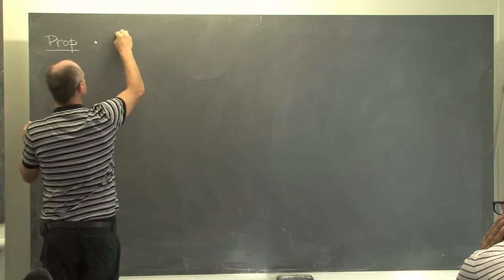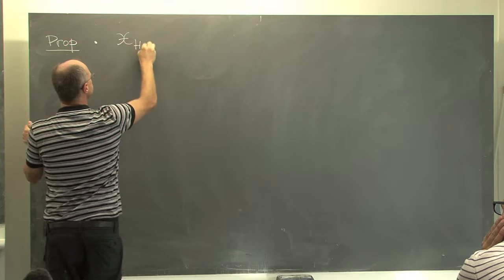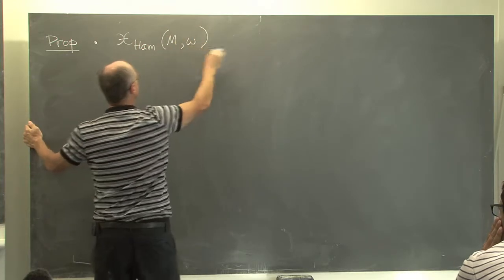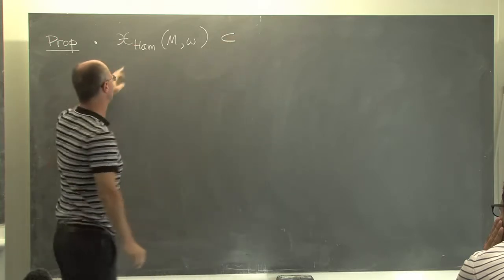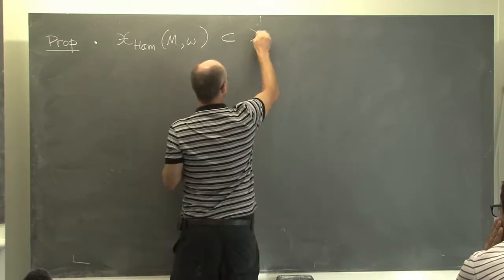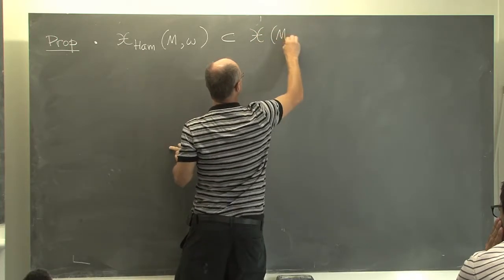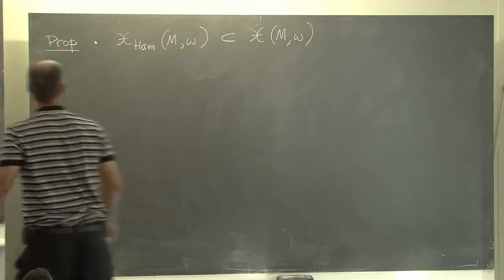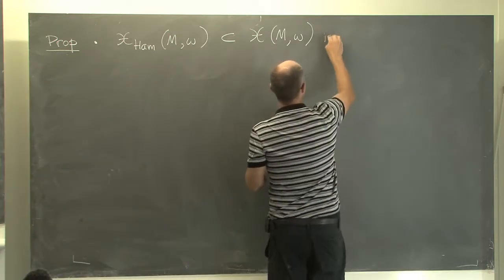The first point, which contains several statements: those Hamiltonian vector fields are contained in symplectic vector fields, and it is a Lie algebra.